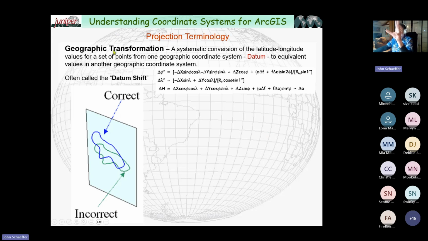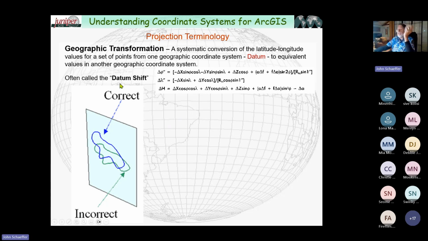Next term, geographic transformation: a systematic conversion of latitude and longitude values for a set of points from one geographic coordinate system, think datum, to equivalent values in another geographic coordinate system. So when you use the words, I'm going to project data, a lot of times it's going from one coordinate system to another, but it also is often one geographic coordinate system or one datum to another datum.